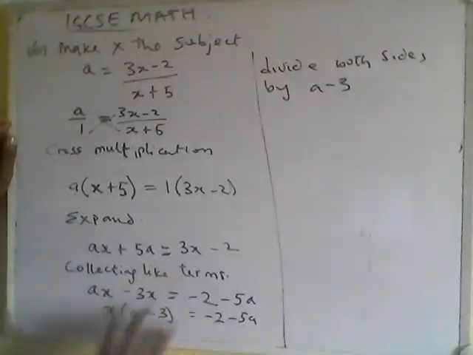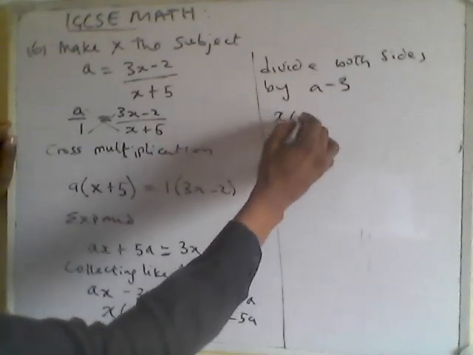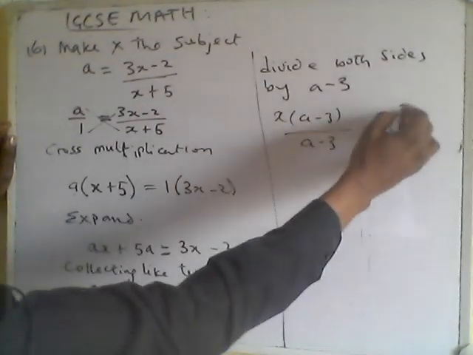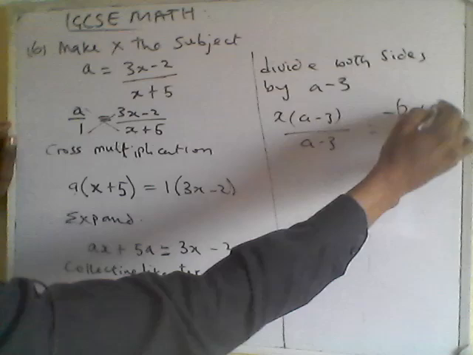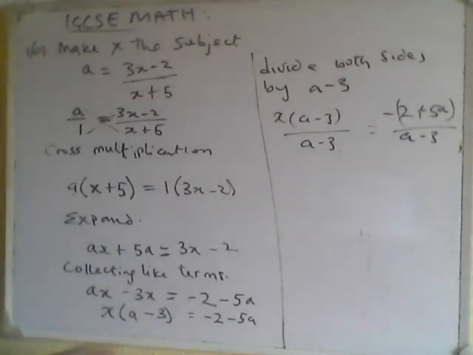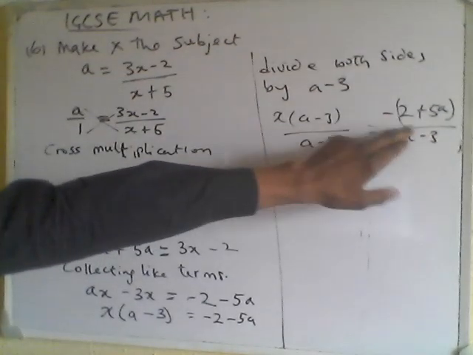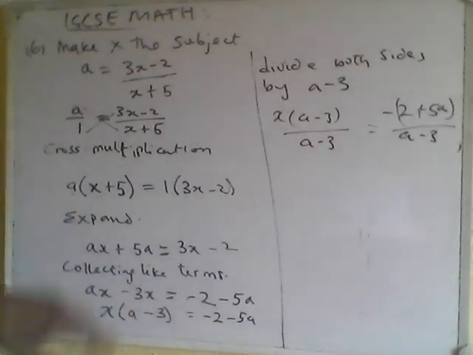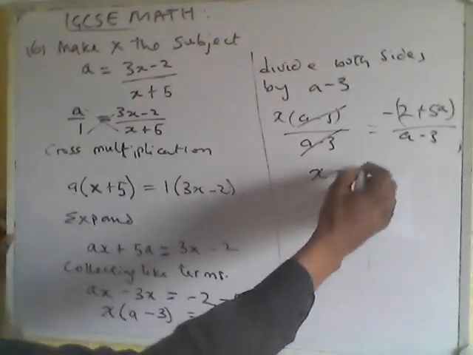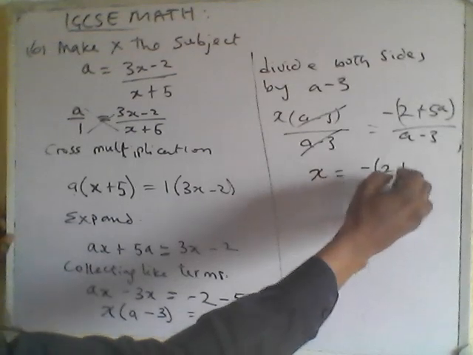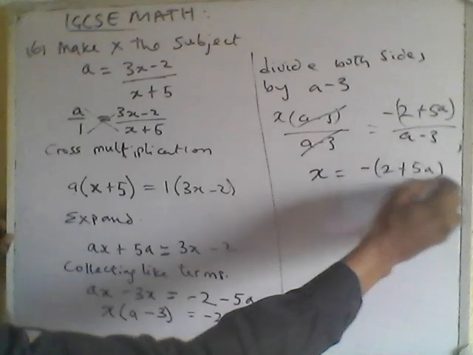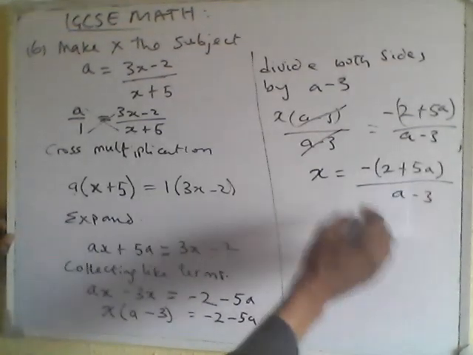So I'll write this side first, which is x open bracket a minus 3 all over a minus 3 is equals to, this one is minus 2 plus 5a all over a minus 3. You see what I did here, I'll just open a bracket and put plus in the center. This is the same thing as this one, right? Okay, so x is equals to minus 2 plus 5a all over a minus 3. So this is the final answer.